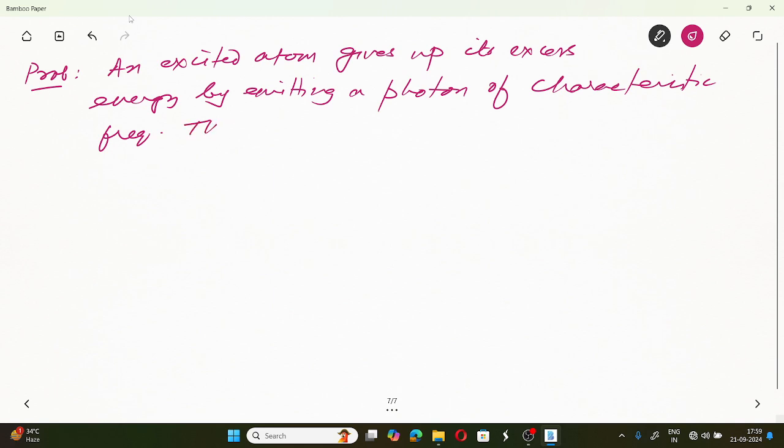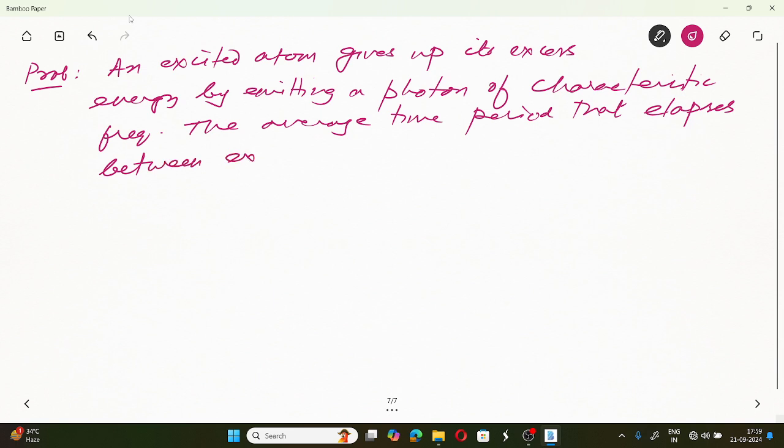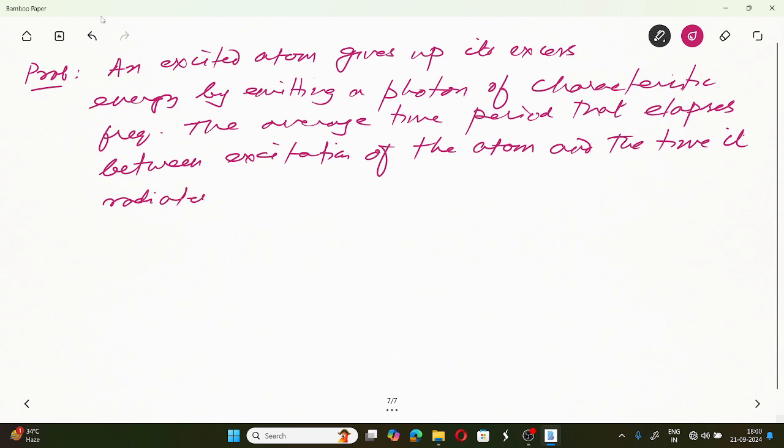The average time period that elapses between excitation of the atom and the time it radiates is 1.0 × 10 to the power minus 8 seconds.